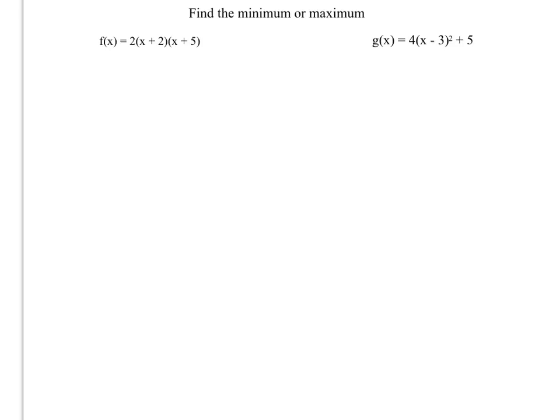Here we're asked to find the minimum or maximum of each quadratic function. Now if we take a look here, basically this is a. This is telling us if the graph is going to open up or down. So since a is positive, we know that the graph is going to open up.